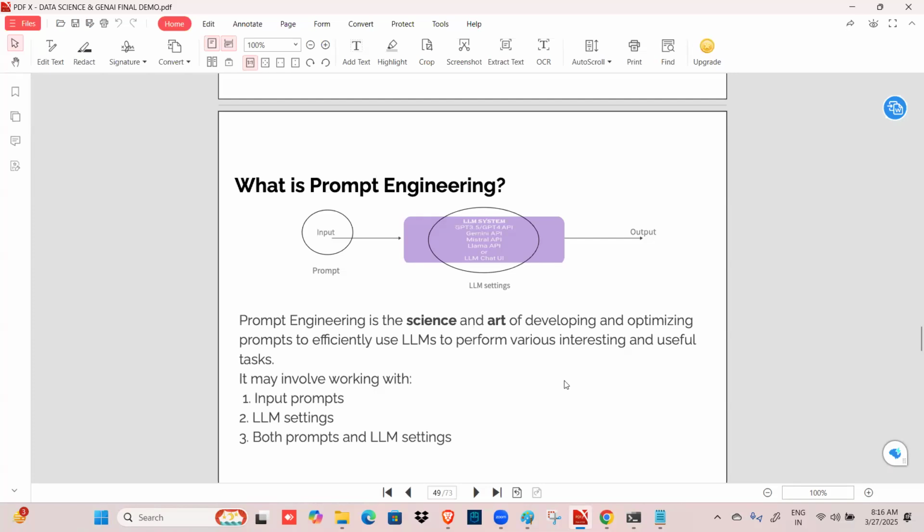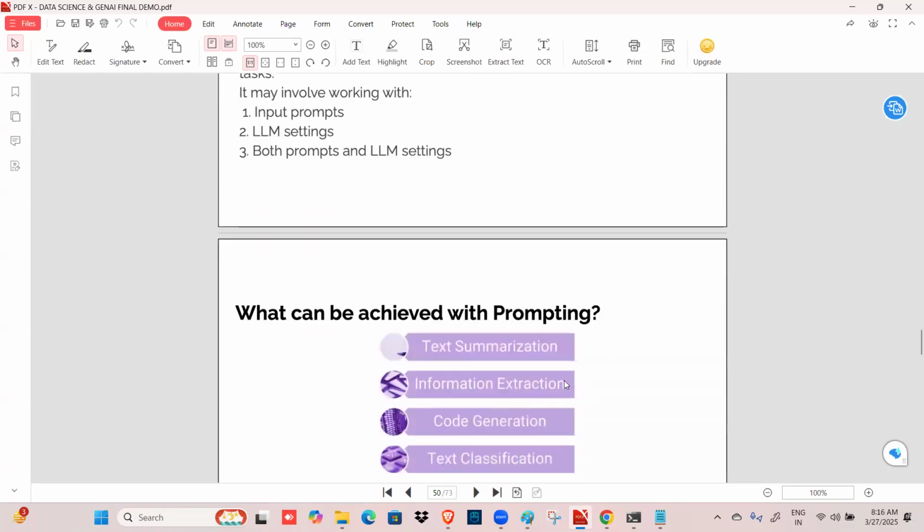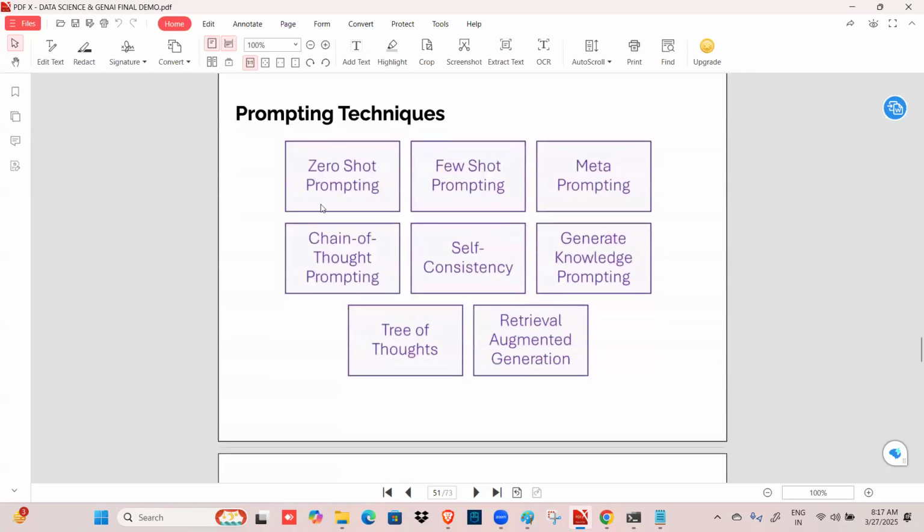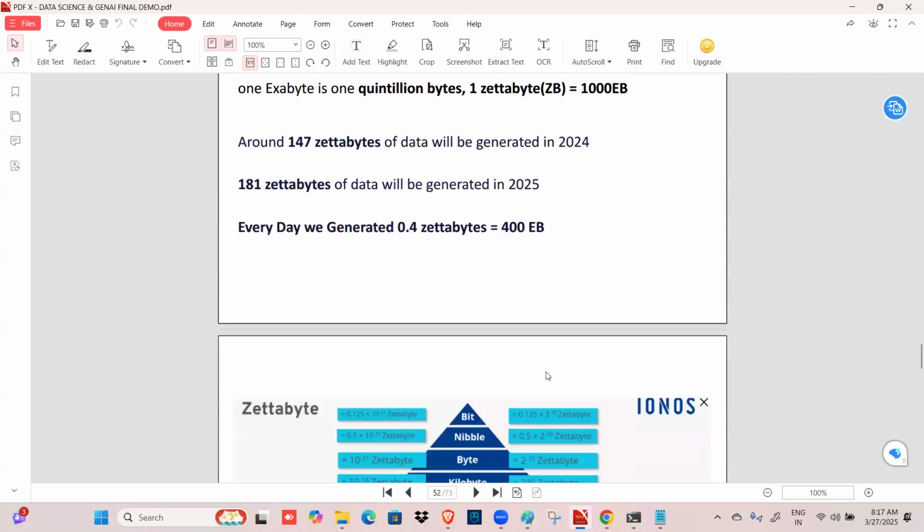Our duty is to write that prompt effectively. What can be achieved with prompting: text summarization, information extraction, code generation, text classification, conversation, question answering, reasoning, all these things. And different types of prompting techniques like zero-shot, few-shot, meta prompting, chain of thought, self-consistency, retrieval augmented generation, all these things.